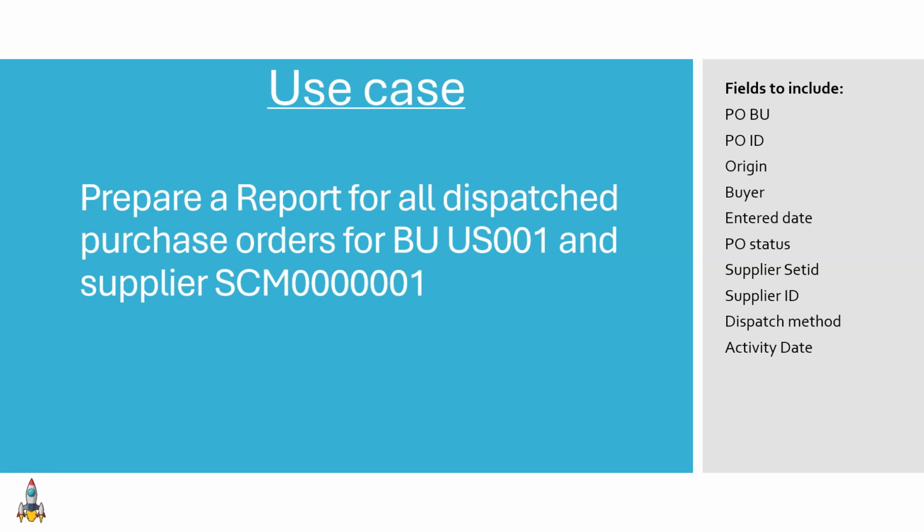And they have given that the report should have this minimum set of fields which will provide them crucial information about dispatched purchase orders. So in this episode, we are going to create a report for this particular use case.